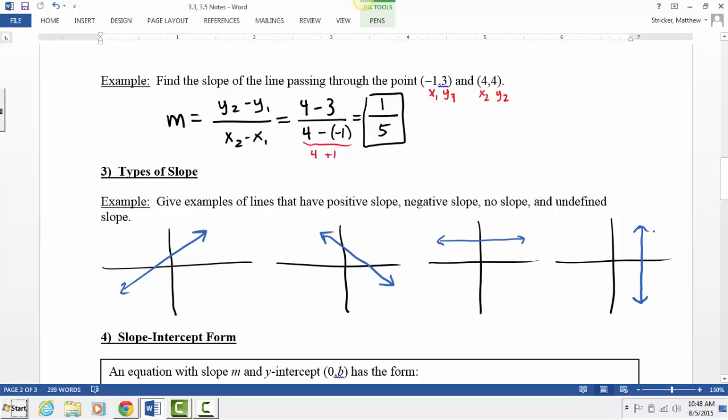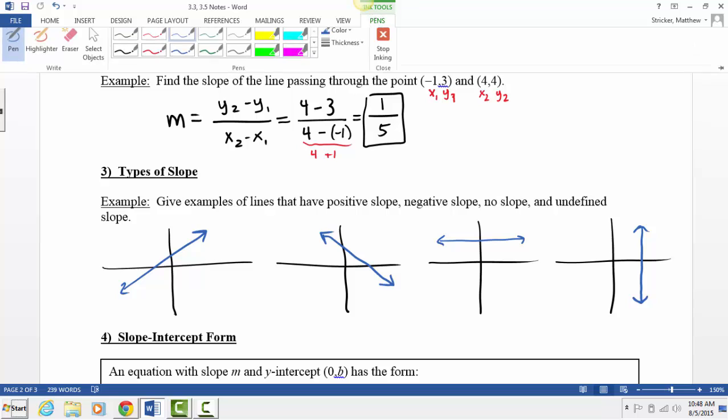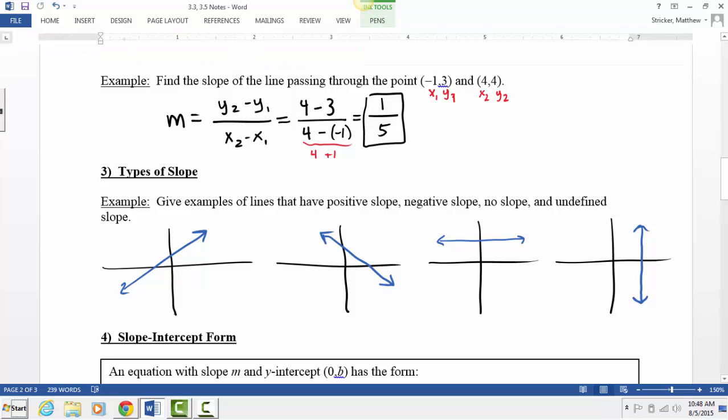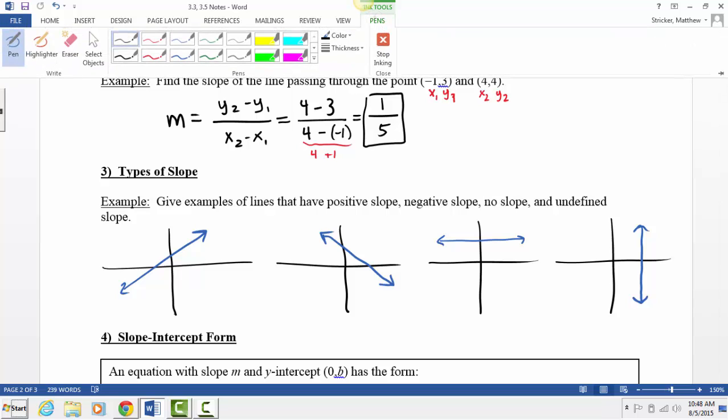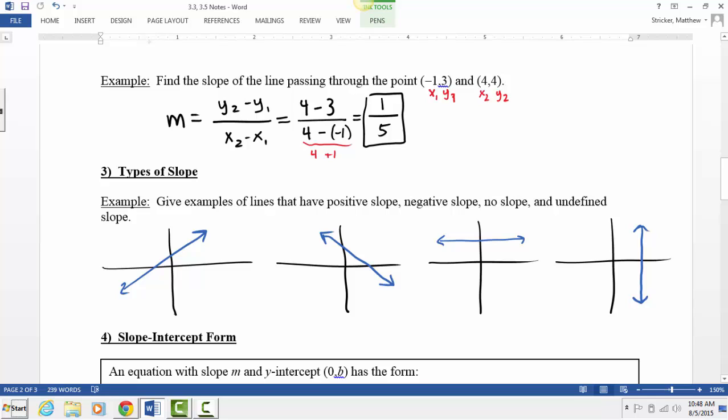The way I like to help students remember this is to think about driving on a road, and consider the line like the road that you're driving on. So if you're driving up this line, you're going up a hill, so this is going to be positive slope.